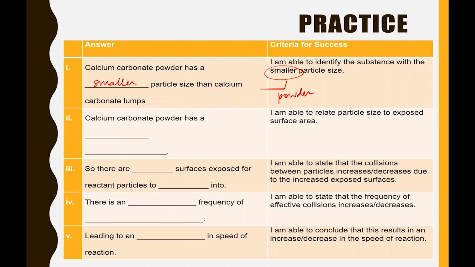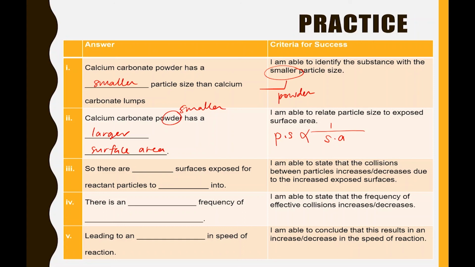Next, I'm able to relate particle size to exposed surface area. Recall, particle size is inversely proportional to surface area. So powder is smaller, which means its surface area is larger. Next, I am able to state the collisions between particles increasing or decreasing due to the increased exposed surface area.